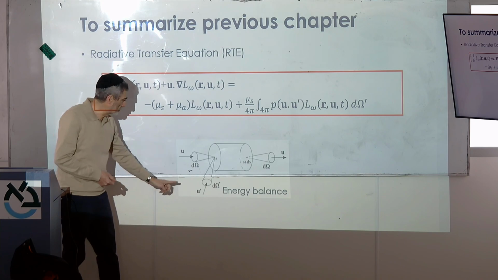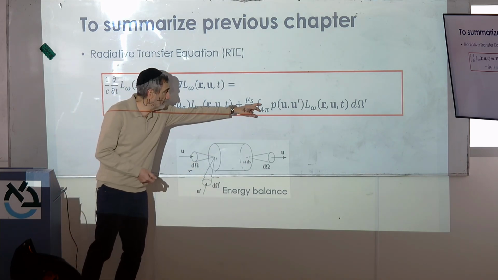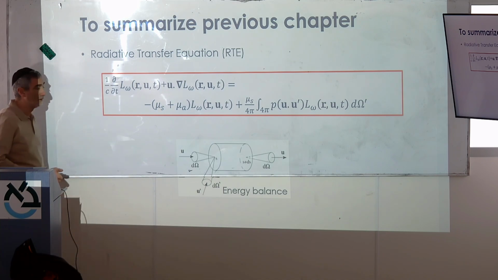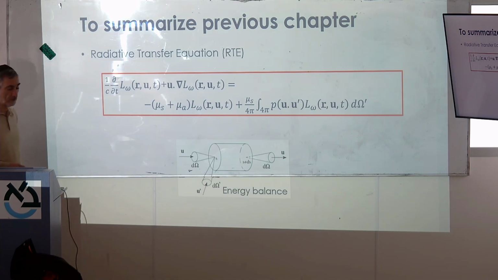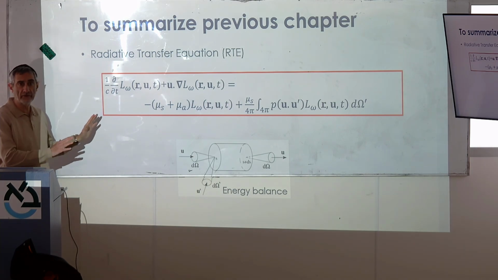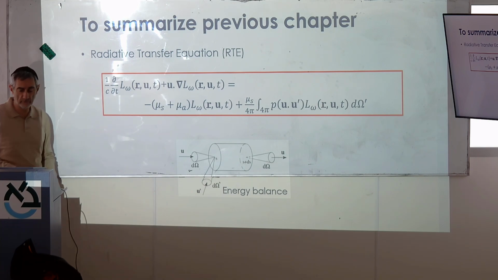So this contribution here, which is given by this p u prime, is a positive contribution, like a gain. I mean, we have some extra light coming back into the beam. So with that, we are all set. That's the summary of last week.